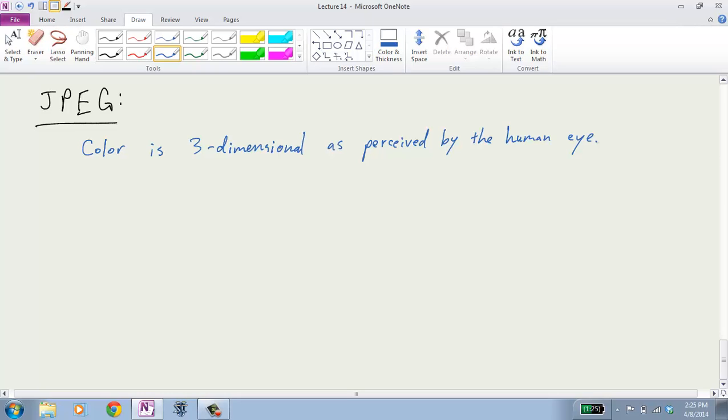In other words, we can mix three colors together and get ourselves to see any color we want, right? Some animals have more or fewer types of cones. Some animals can see richer, four-dimensional color and so forth. If you're colorblind, you have a lower dimension.